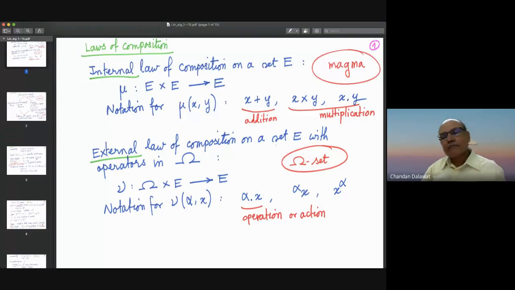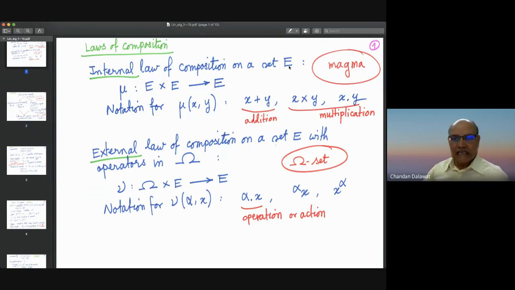Okay. So let's start. There are many ways of viewing algebra and geometry and so on. But one way of thinking of algebra is that it's about laws of composition. So what is a law of composition?